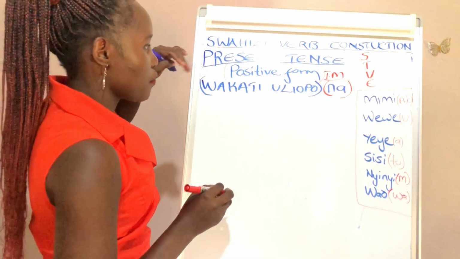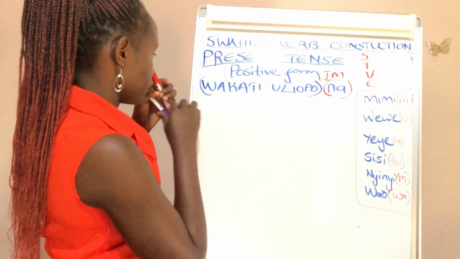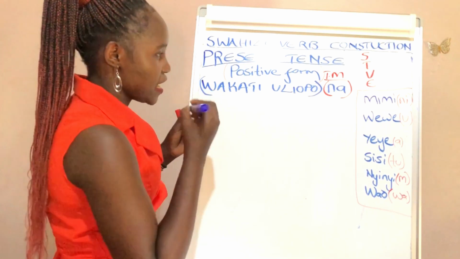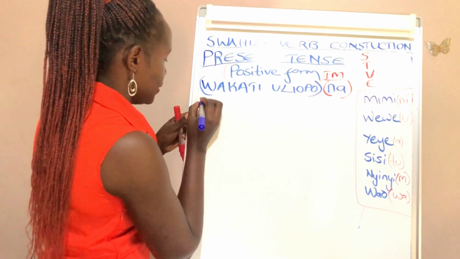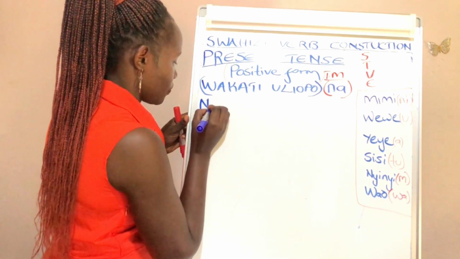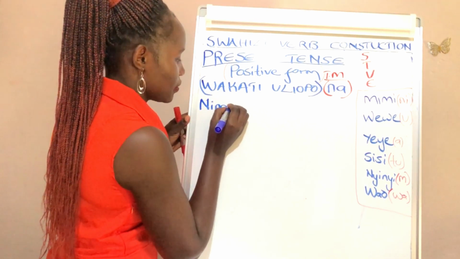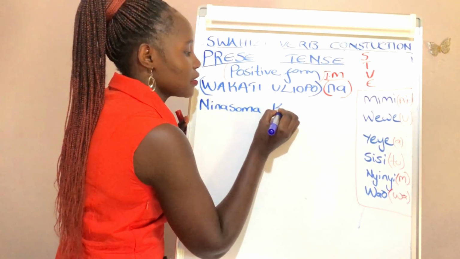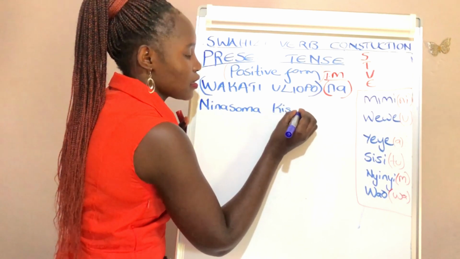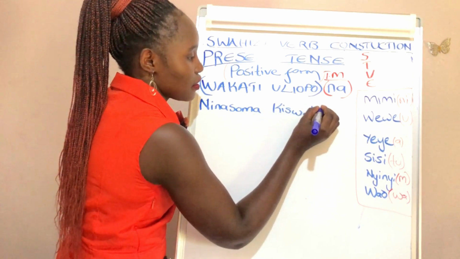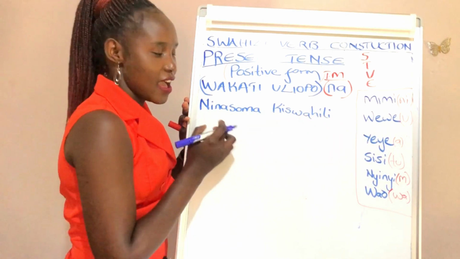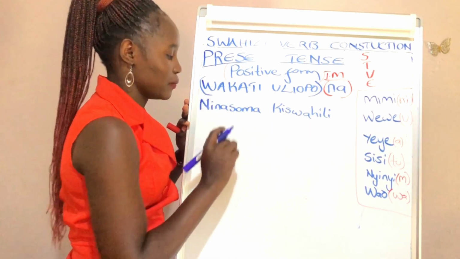Using our verb soma, which was our first verb, we can say ninasoma Kiswahili. Ninasoma Kiswahili. I am learning Swahili.